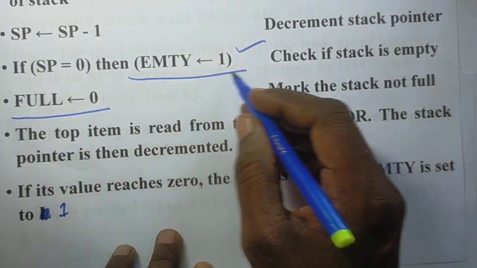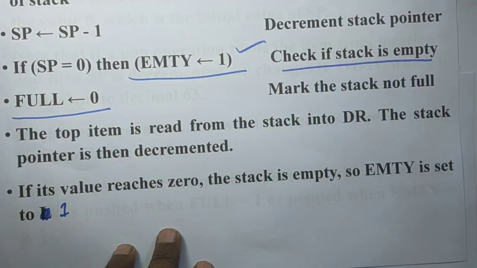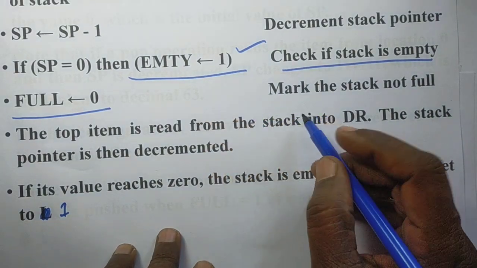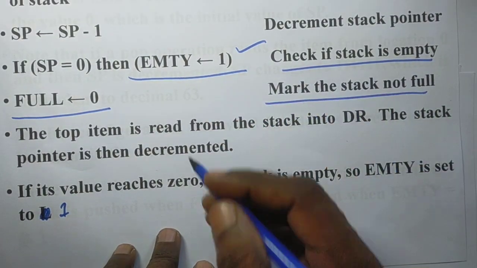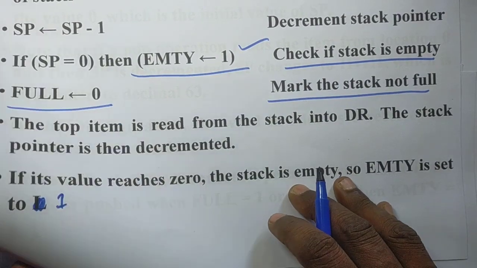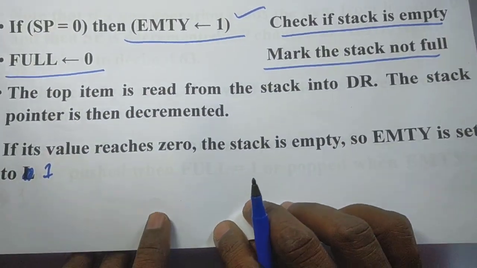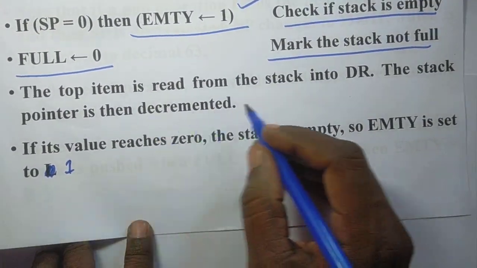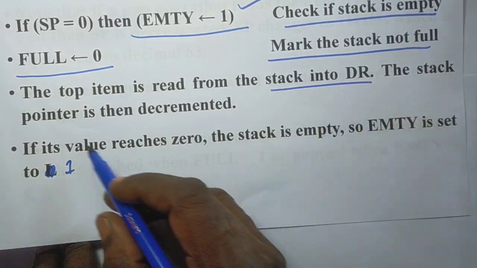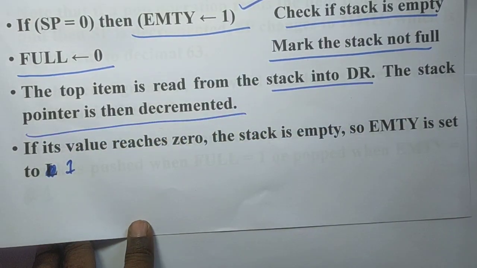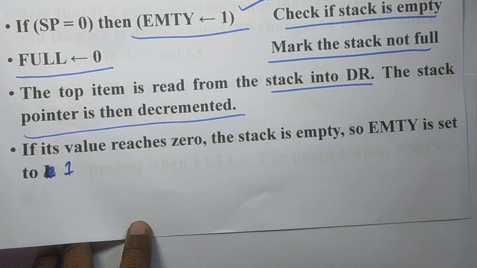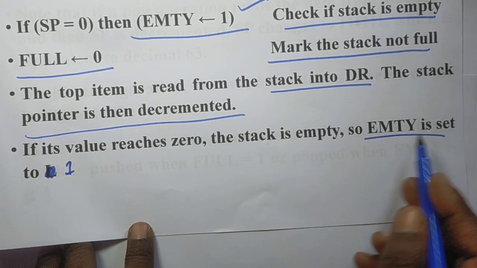Okay, so if empty is 0, check whether the stack is empty or not. In that case, mark the stack as not full, because there is space. The top item is read from the stack into R, and the stack pointer is then decremented. If it reduces to 0, the stack is empty and empty is set to 1.